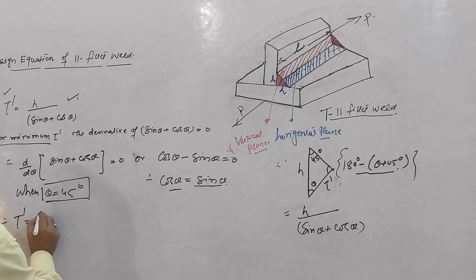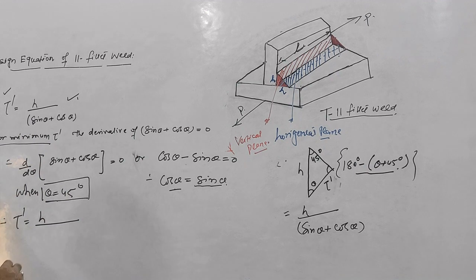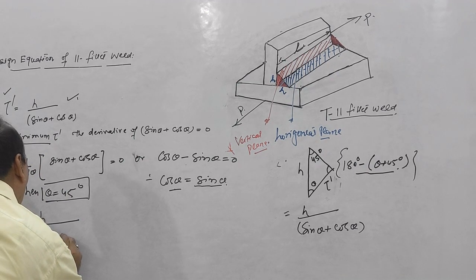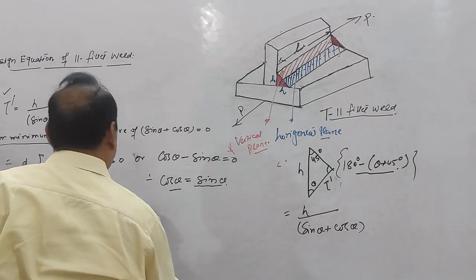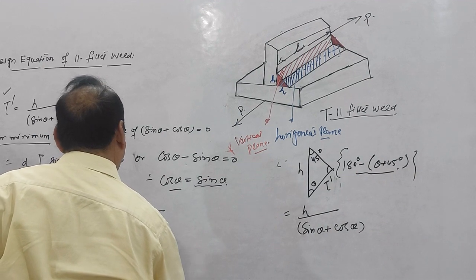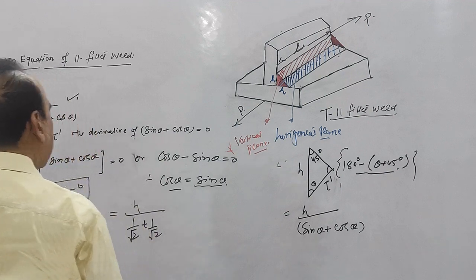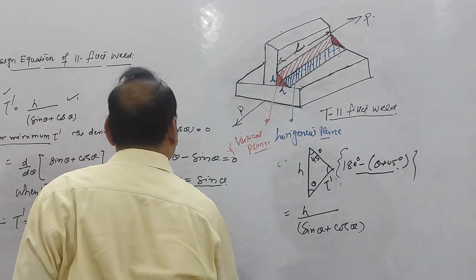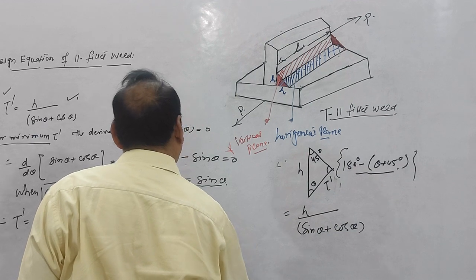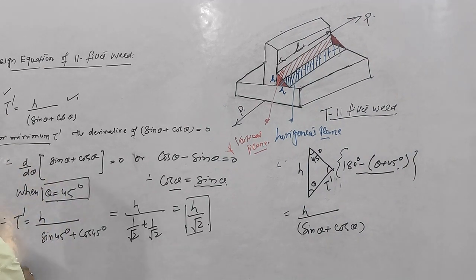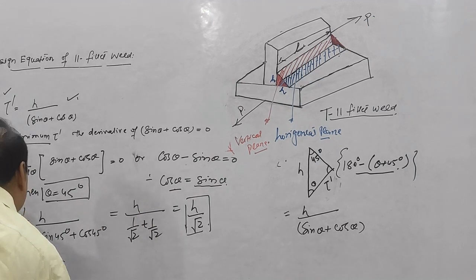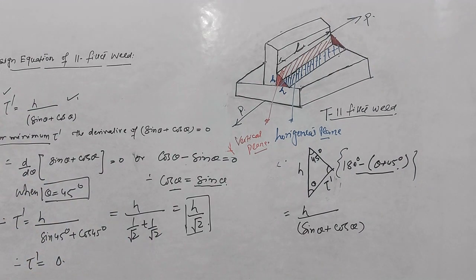So what will T dash be? h upon, put the value of theta in it, that is sin 45 degree plus cos 45 degree. This is equal to h upon 1 upon root 2 plus 1 upon root 2, right? So this is equal to h upon root 2. Therefore, T dash is equal to h by root 2, which is 0.707 into h.